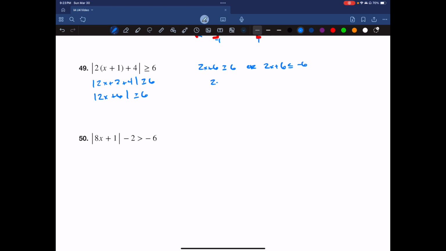So let's see, it's going to be 2x greater than or equal to 0, x is greater than or equal to 0. 2x less than or equal to -12, x is less than or equal to -6. Down the line, yeah, -6 and 0, greater than 0, less than -6.